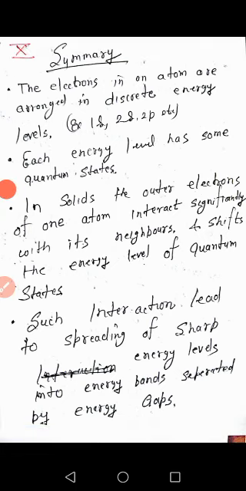I think we covered this in the previous lecture, and now let us systematically summarize all the points one by one. So point number 1: the electrons in an atom are arranged in discrete energy levels.